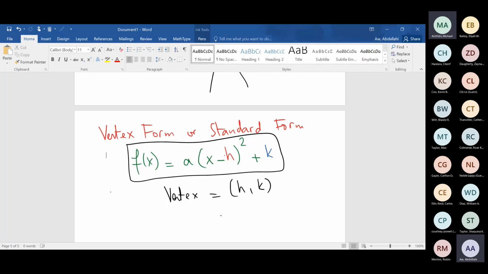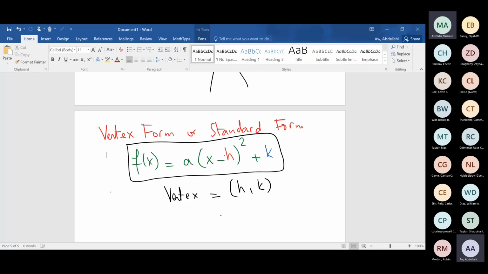And do you see the relationship between h and k? Can somebody tell me what the relationship between h and k is? It's about how to shift the parabola. What is the relationship between h and k?